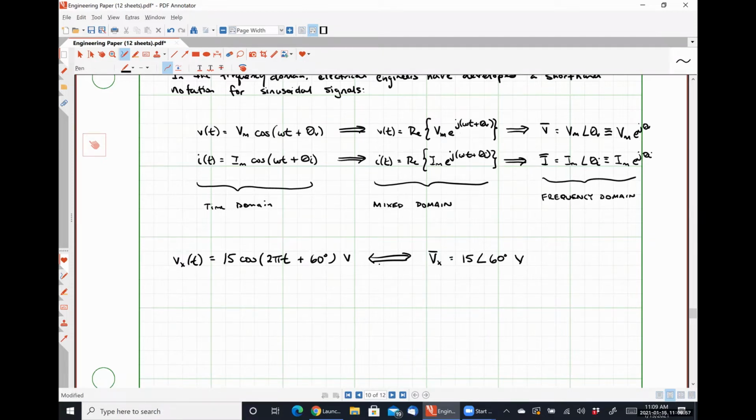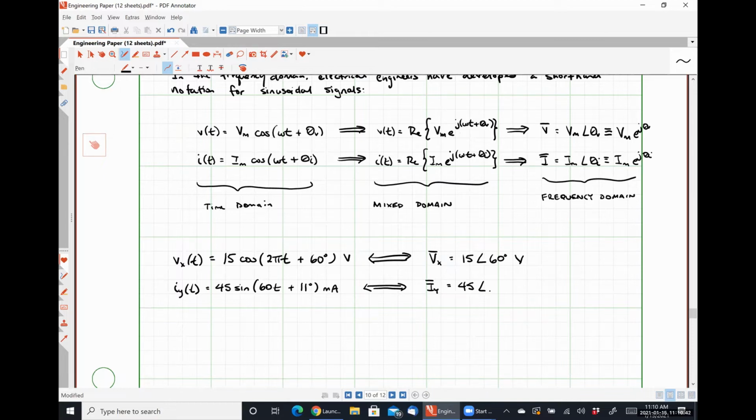We in this class are going to be using cosine as our basis, meaning that if we had a current Iy of t that was, let's say, 45 sine 60t plus 11 degrees milliamps, the phasor domain representation of this would be 45, and we would have to subtract 90 degrees from our phase angle in order to convert that sine function to a cosine function.